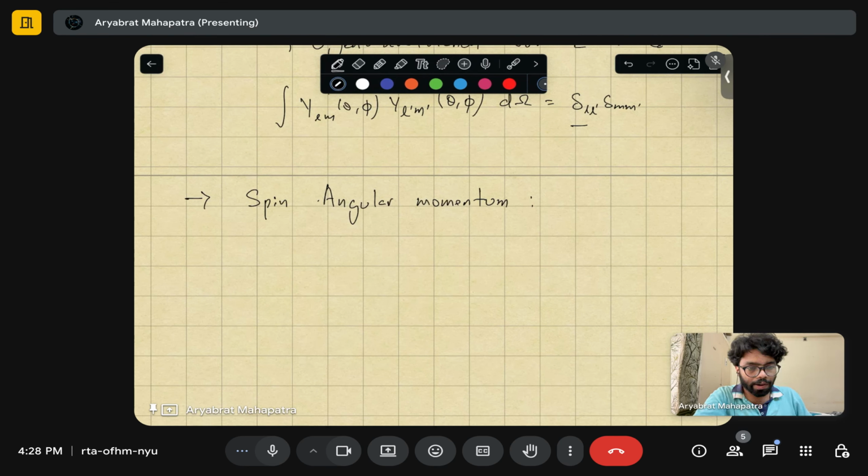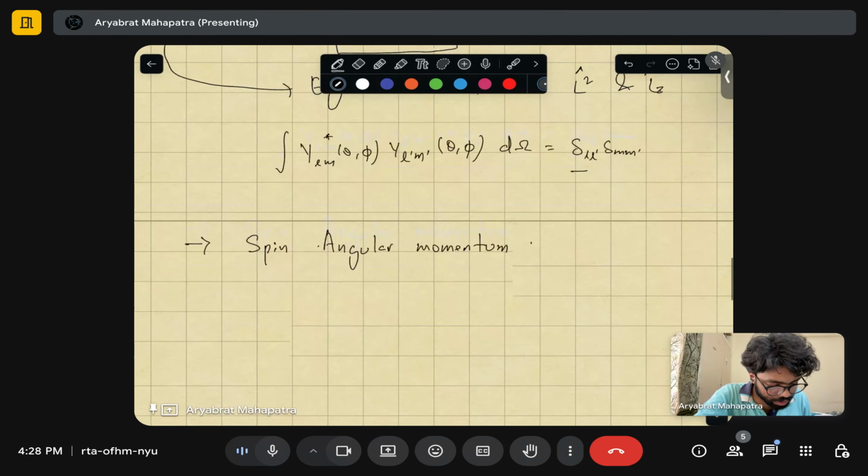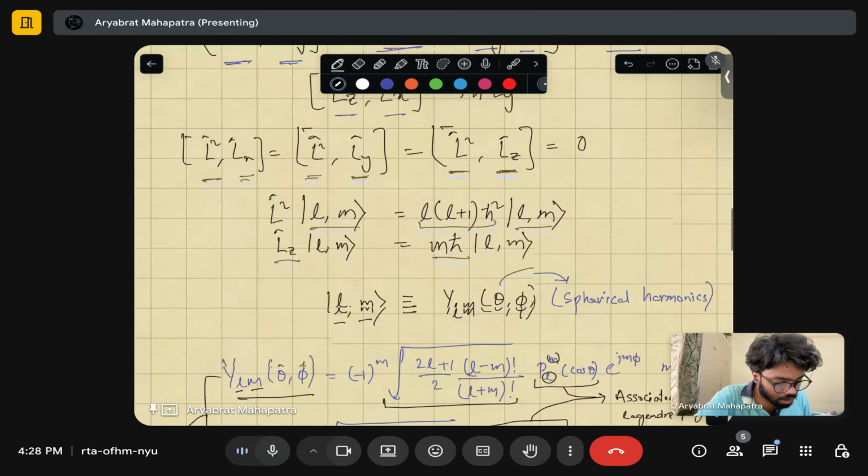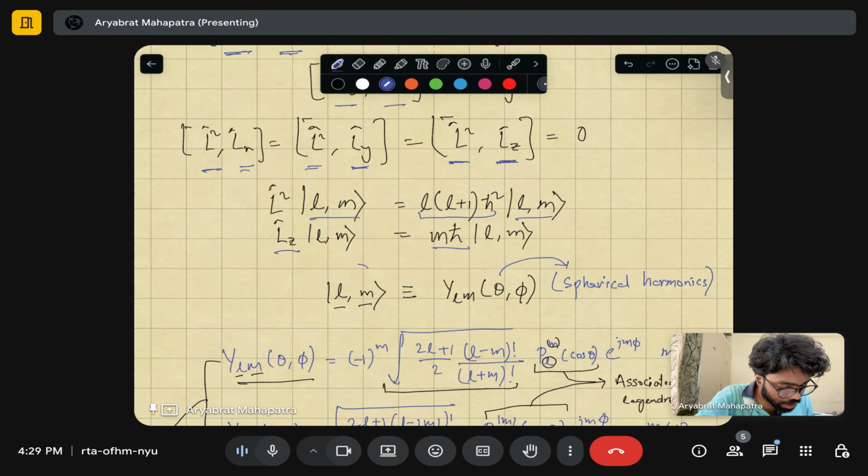If you look into its mathematics, the same thing we have seen for orbital angular momentum can be said for spin angular momentum. So here the spin eigenstates can be written as |S, MS>, similarly to how the orbital eigenstates are written.